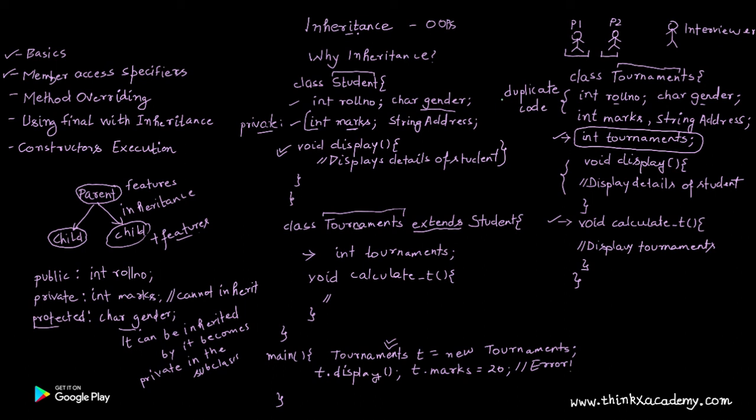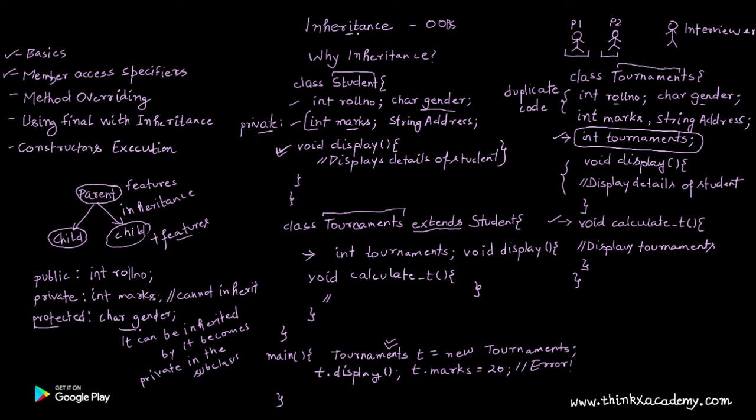Now the interviewer gives another task to P2, or programmer 2. He says that I want to define a function display in the class tournaments, but this function display has its own implementation. That means this function will display roll number, marks, gender and address, which the parent function is also doing.